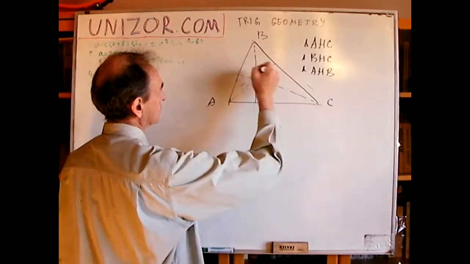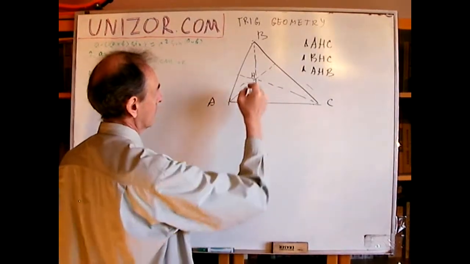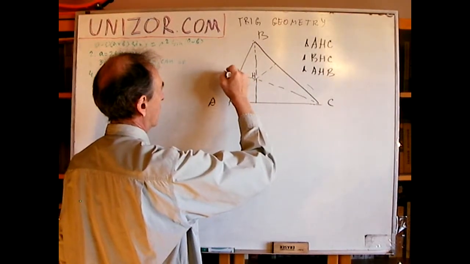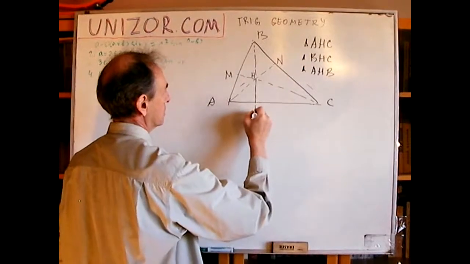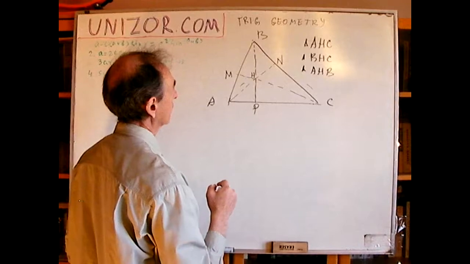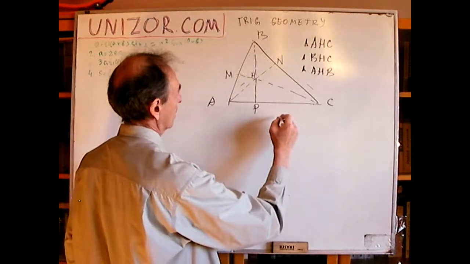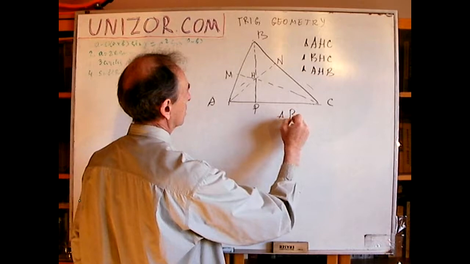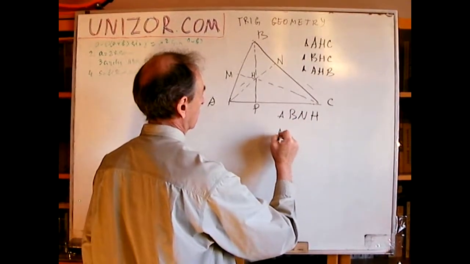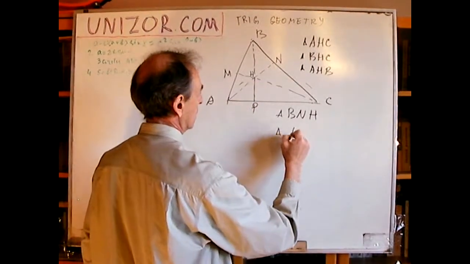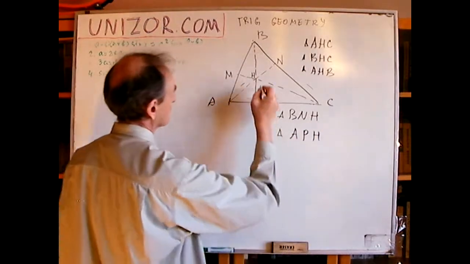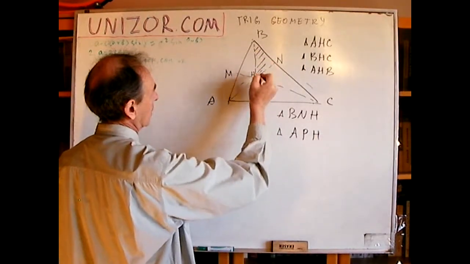Now, these are perpendiculars, right? Now let's consider, let's say, M and P. Let's consider triangle BNH and triangle APH. So this triangle and this triangle.